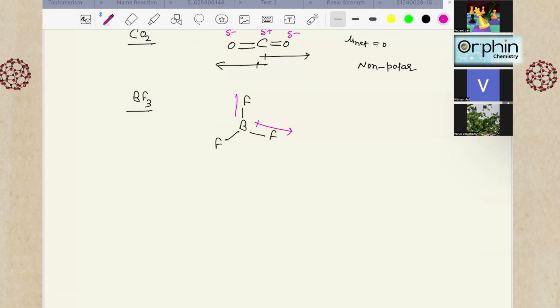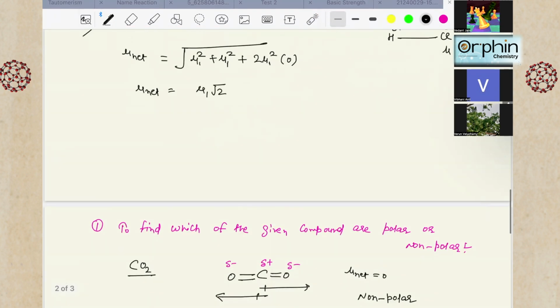And if you want to ask me, sir, what is the value of the net dipole moment? We can see the angle between these two vectors is 120 degrees, right? Let us see this case.